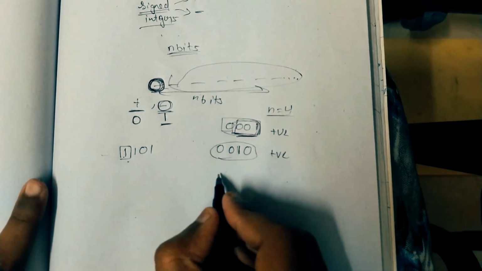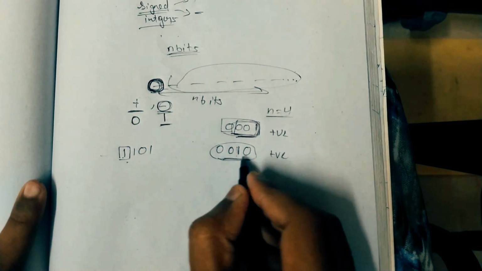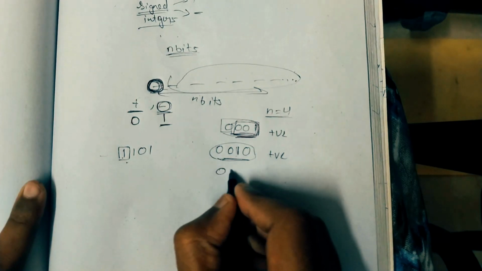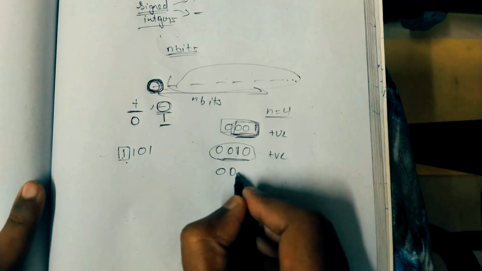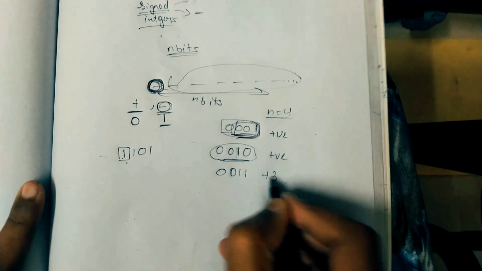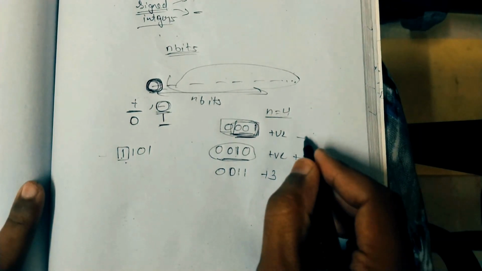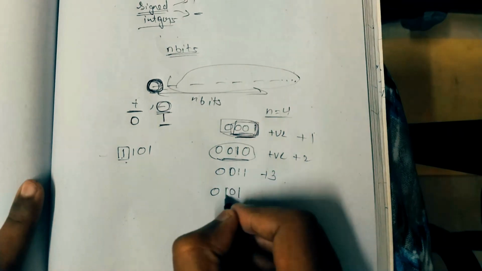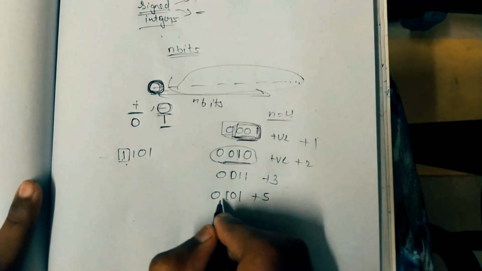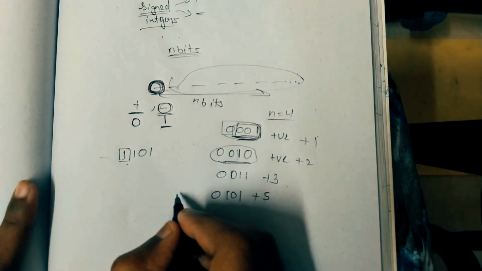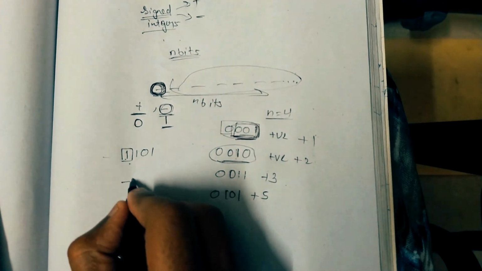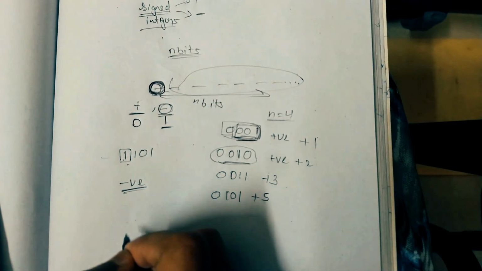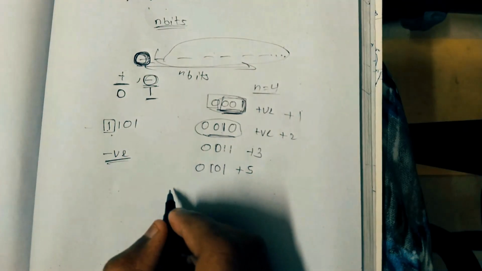So for example, this represents plus 2, this represents plus 1, this represents plus 3, like that. For example, this would represent plus 5. But the case is not the same for negative numbers. For negative numbers, it's a little bit different. So I will show you how.